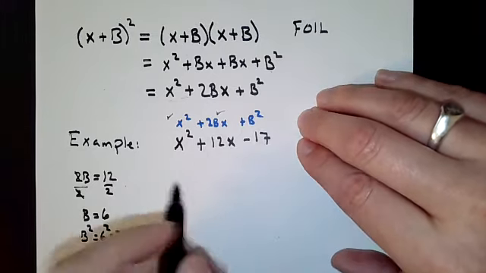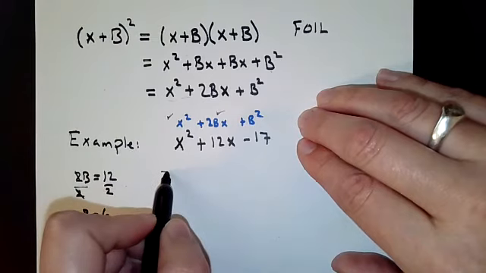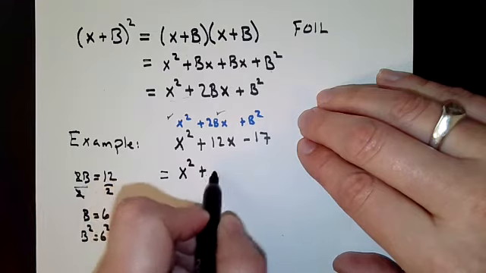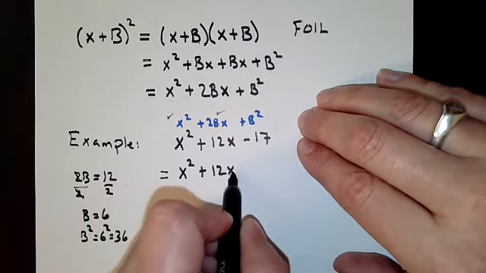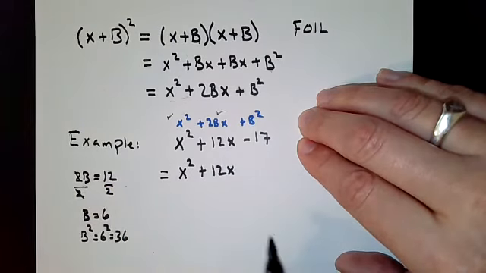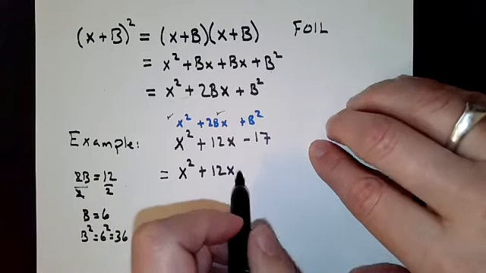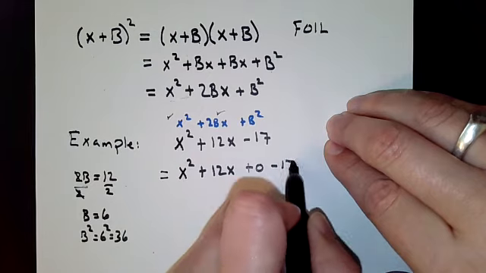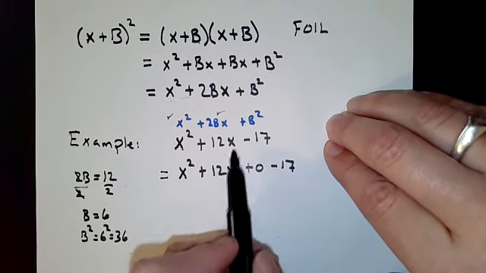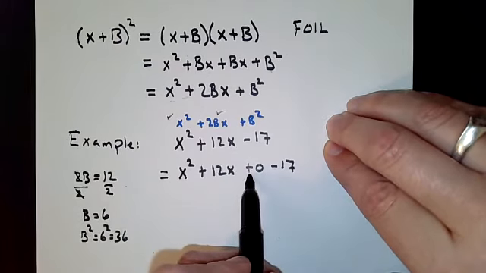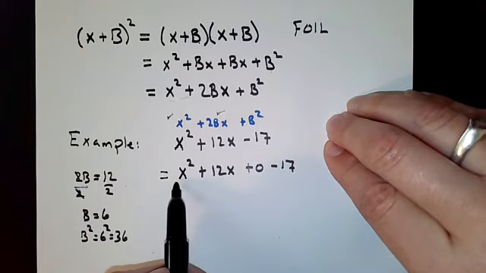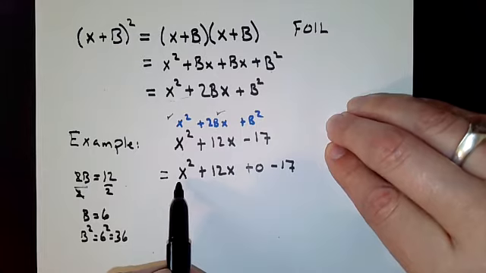We can do that. A standard technique that mathematicians use is they can add a 0. Now, if I add a 0, does that change the value of what we have? Of course not.